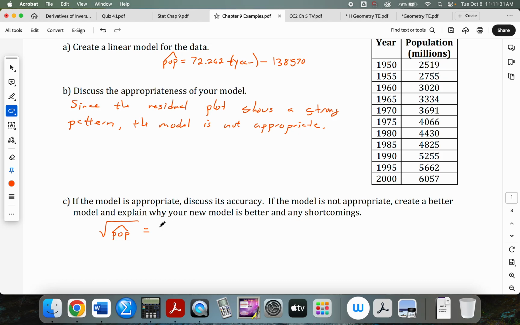The regression equation is 0.565 times the year, minus 1,052.28.